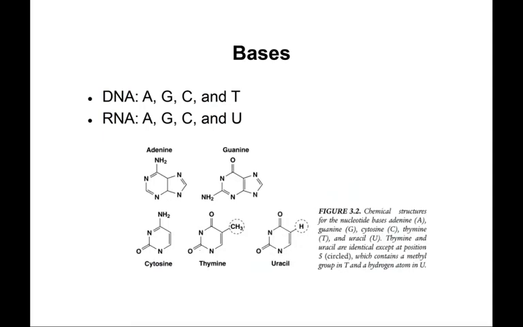There are four different bases for DNA: adenine, guanine, cytosine, and thymine. So the nucleotides for DNA are A, G, C, T. For RNA, there are adenine, guanine, cytosine, and uracil, so A, U, C, G for RNA, and A, T, C, G for DNA.